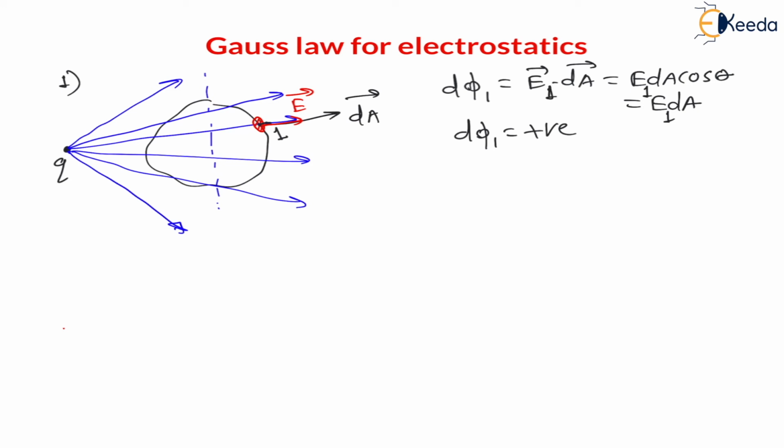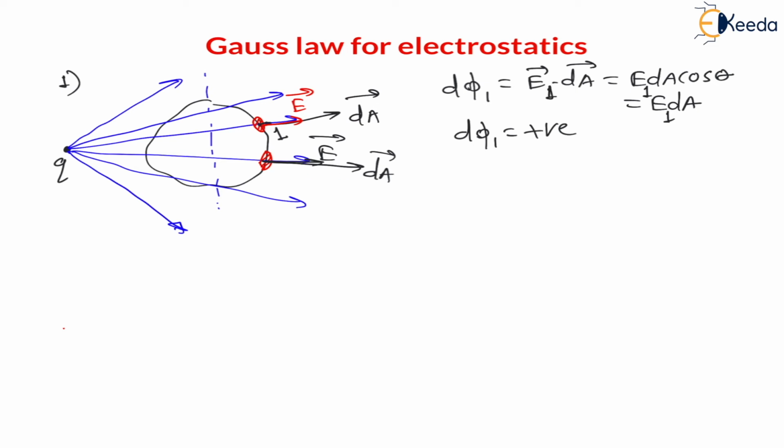Means any area considered on the right side of this section will have positive flux. Let us understand. If I consider any other area, let us say at this location, this is the area vector dA and this is the electric field, right? Again, both are in the same direction, means positive.